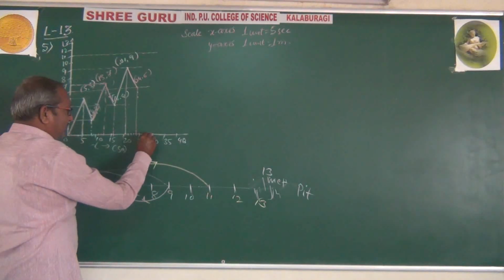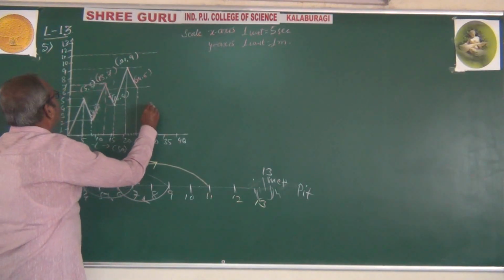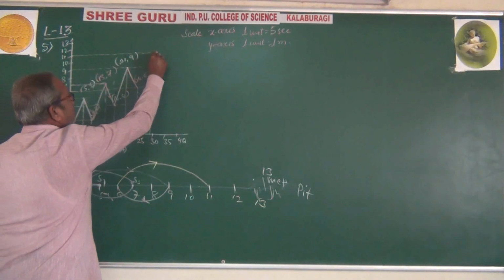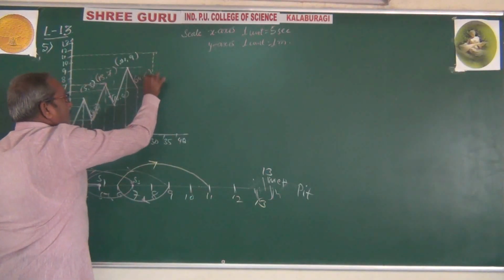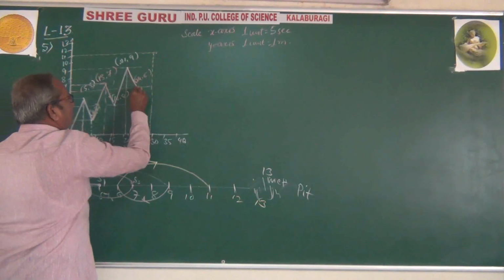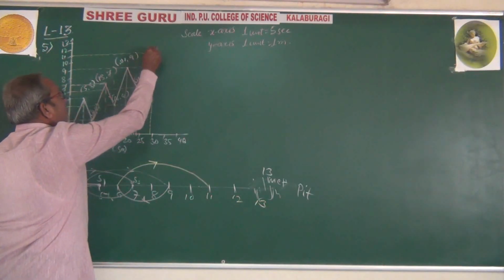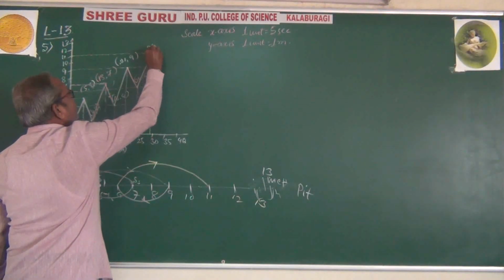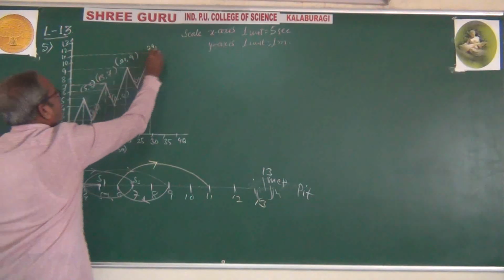Where is the position? His position is the 11th position. So here the x value is 29 seconds and the y value is 11.